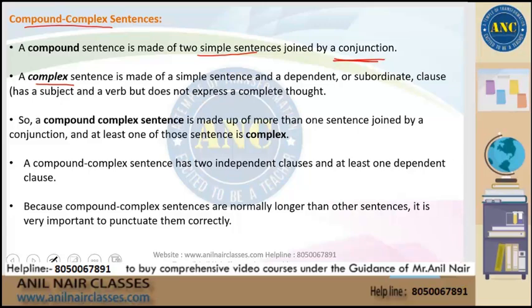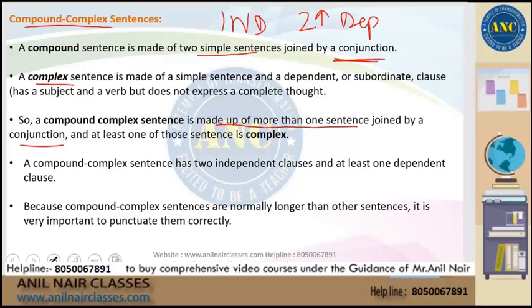It must have one independent clause followed by one or more dependent clauses. Hence, that is a complex sentence. So, what would a compound complex sentence be? It is made up of more than one sentence joined by a conjunction.